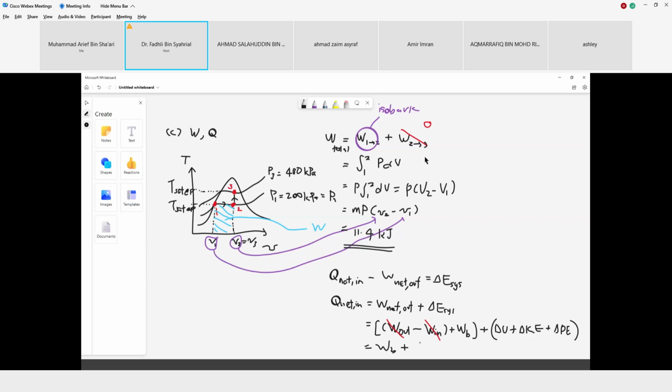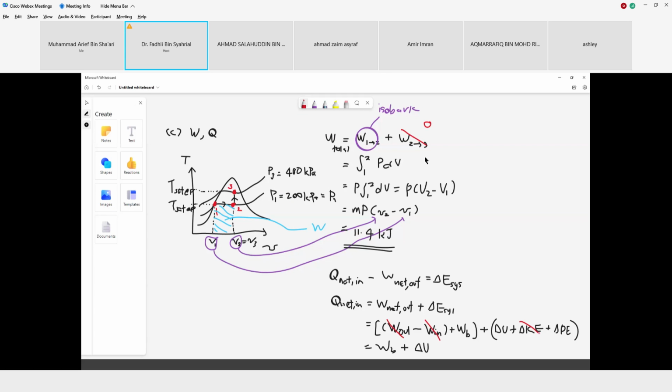So we keep delta U. How about next? Delta KE, kinetic energy. If they have a velocity, then we need to consider kinetic energy. If they don't have any velocity, or the system is static, we can cancel delta KE.